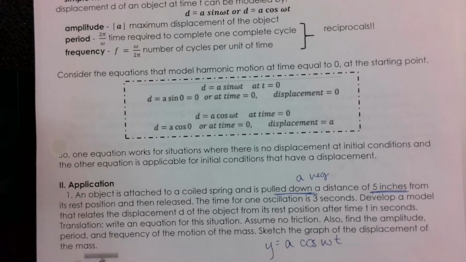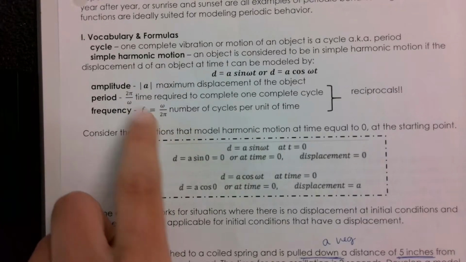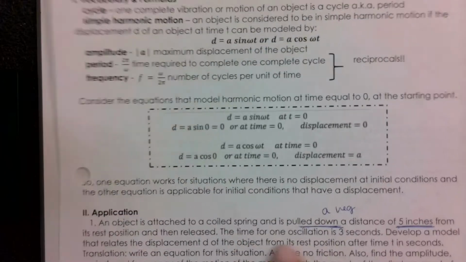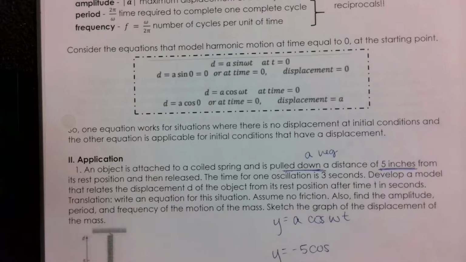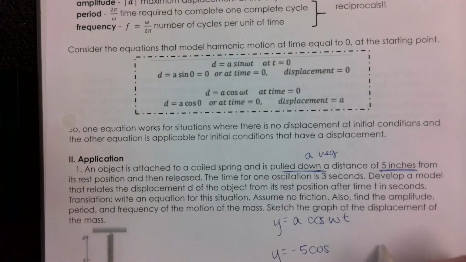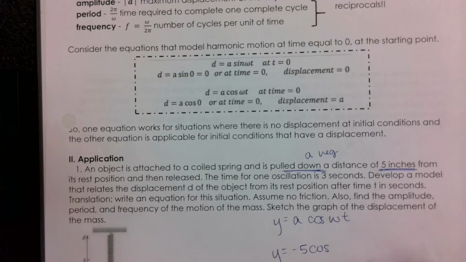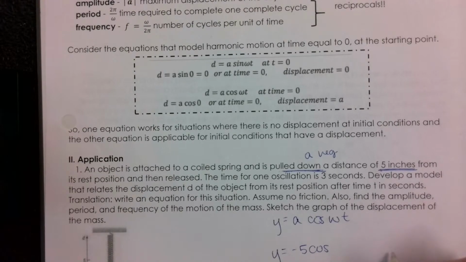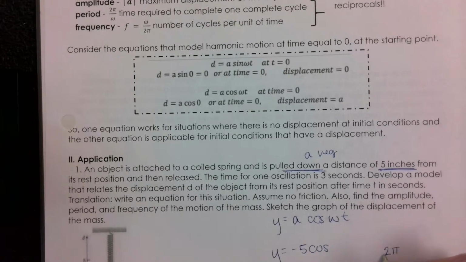Then we have to find that ω value. If you look back up at the top, that's coming from your period or your frequency, which is your time to complete one cycle. How long does it take? It tells us it takes 3 seconds for one oscillation. So how would we set that up? 2 pi over ω, whatever that is, is going to take 3 seconds.